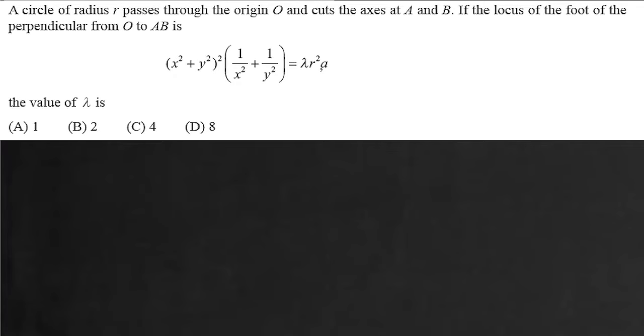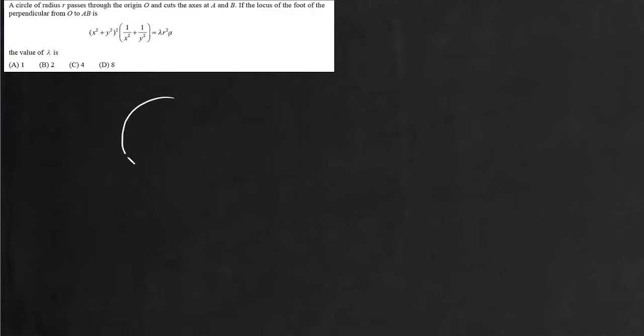Now here the question is, a circle of radius r passing through origin cuts the axis at A and B. The locus of foot of perpendicular from O to AB is this value, then find the value of lambda. So we have this circle which passes through origin and which intersects axis at A and B. And radius of this circle is r.